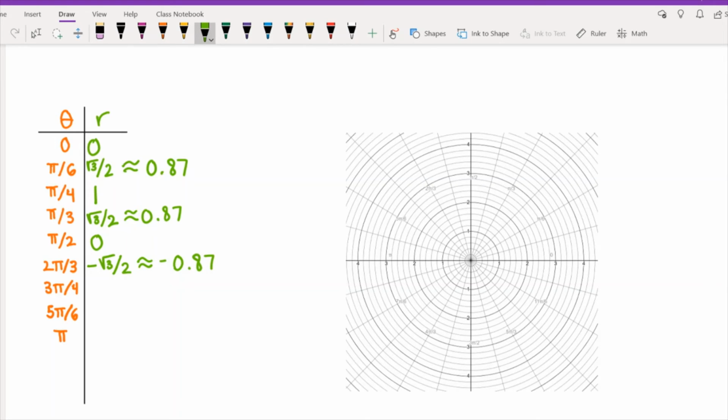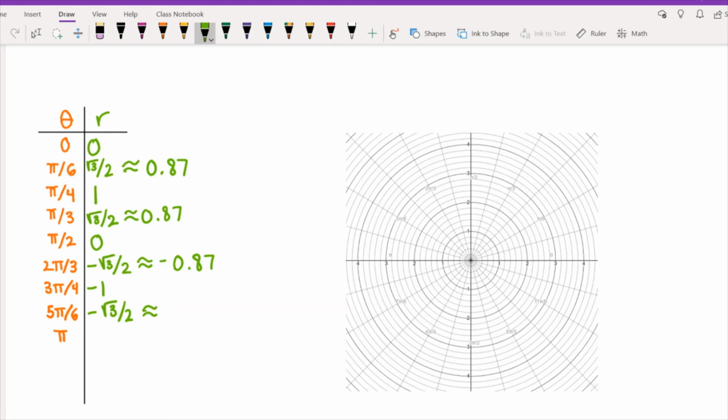And then 3 pi over 4, if we multiply that by 2, that is 3 pi over 2. And so sine of 3 pi over 2 is negative 1. And then if we go to 5 pi over 6, so 2 times 5 pi over 6 is 5 pi over 3. And sine of 5 pi over 3 is going to be, again, negative square root of 3 over 2.